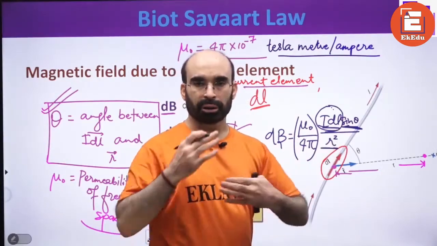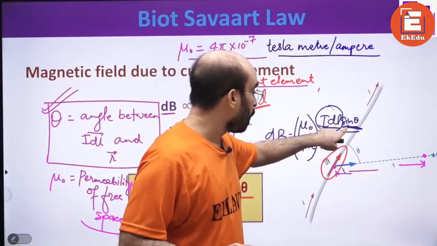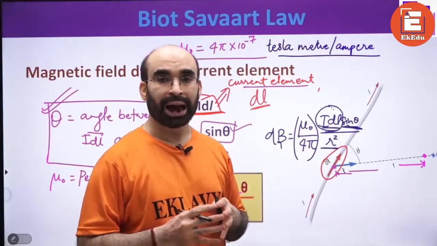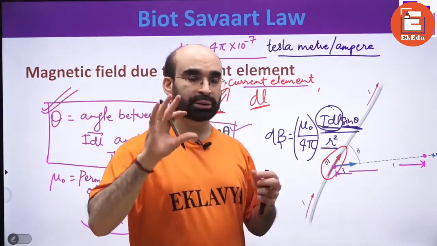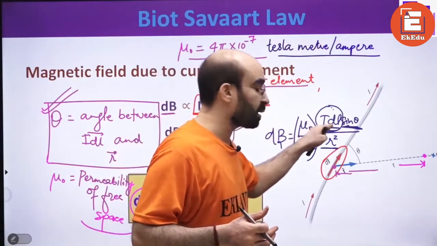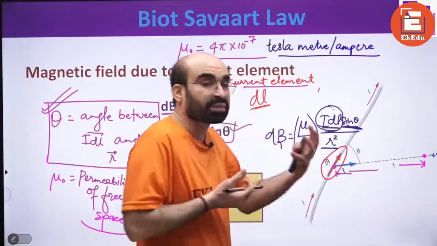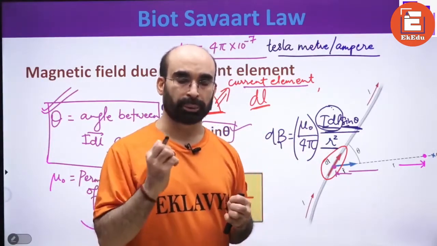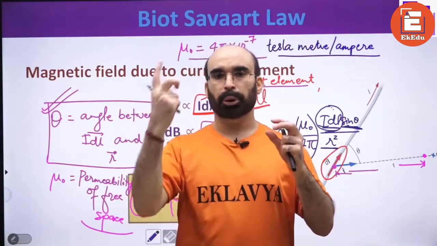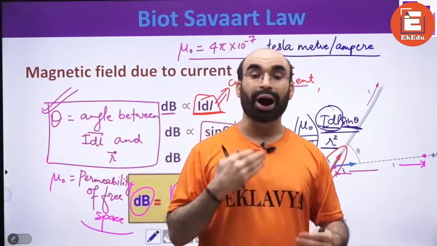Sin theta has some significance. We'll talk about this soon. But dimensionally, Idl has got some significance here due to the magnetic field, right? So due to this current element, the magnetic field is required to be found. So it boils down to a very simple thing. dB is inversely proportional to r square, directly proportional to Idl, and yes, sin theta is also there.